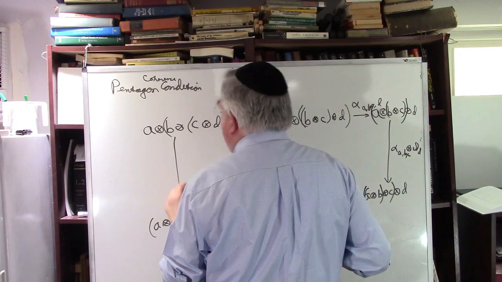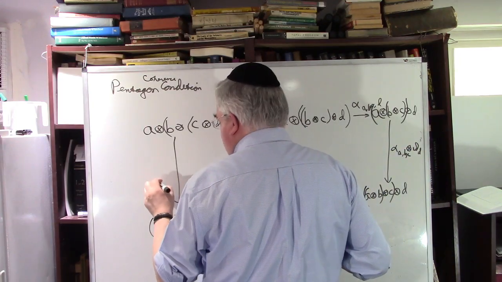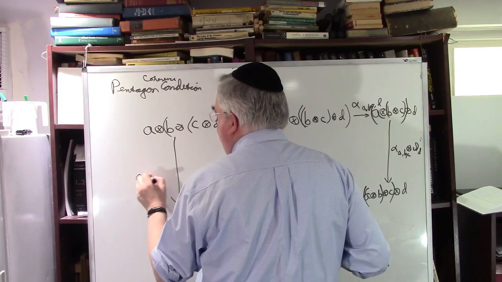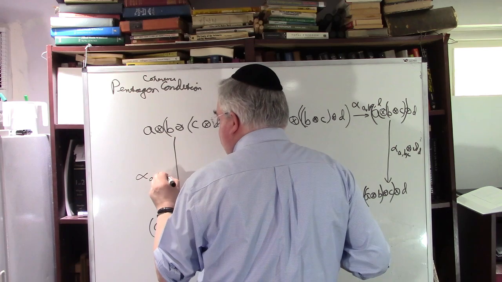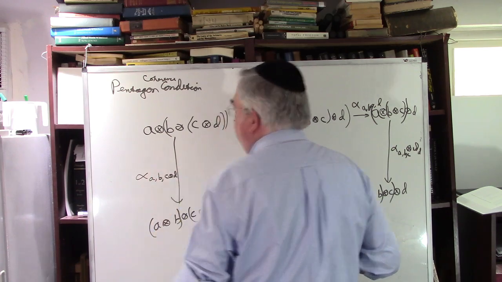This is alpha: A is one thing, B is one thing, and C tensor D is another thing.